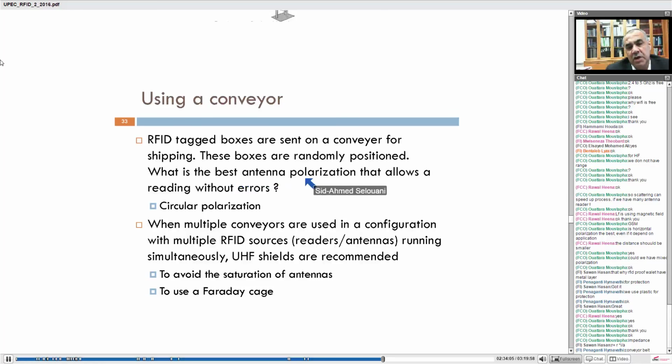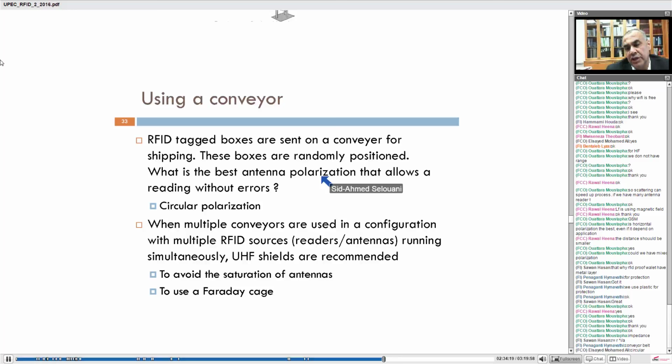The RFID tagged boxes are sent to a conveyor for shipping. These boxes are randomly positioned. This is a case study. So in the test, sometimes we give you this kind of question, like an application case or situation case.